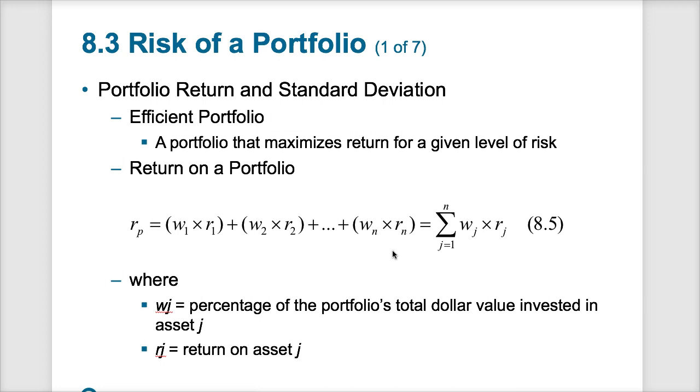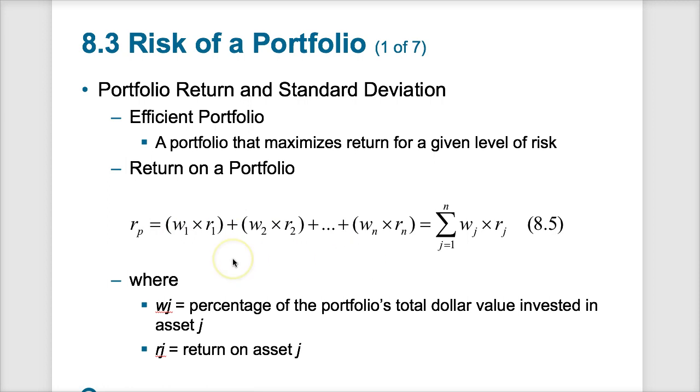Okay, so let's look at portfolio returns and standard deviation. In an efficient portfolio, we want to maximize return and minimize risk. So whatever the given level of risk is, we want to maximize our return to compensate us for that risk. So what we could do is calculate a weighted average return on a portfolio, which is the formula here.